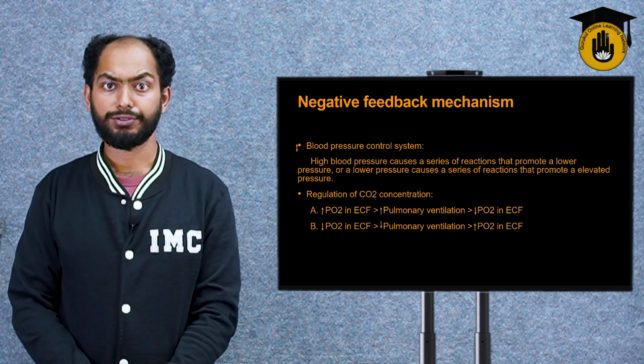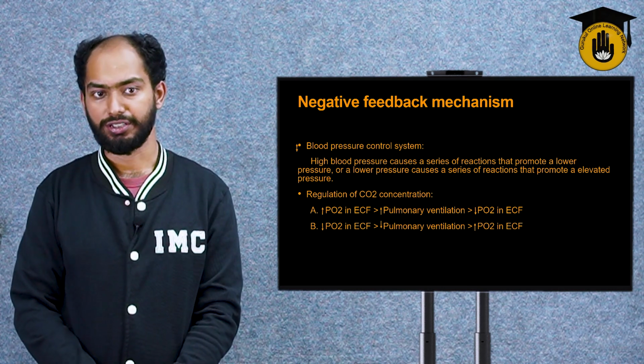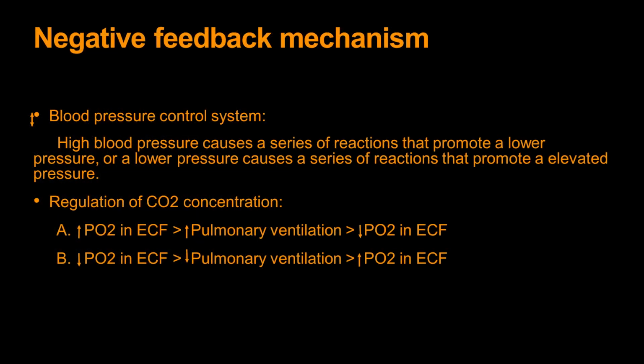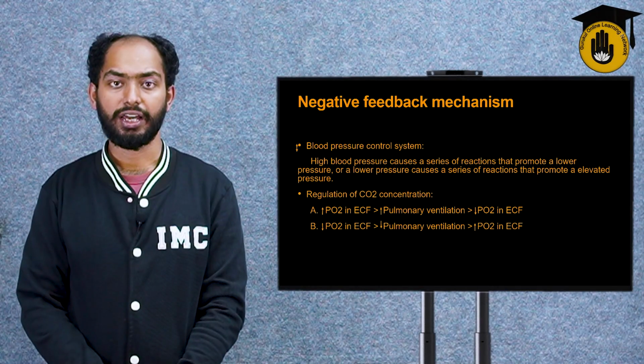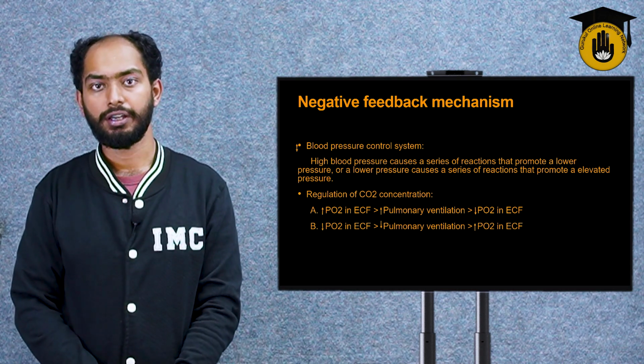And we were also talking about the regulation of carbon dioxide concentration in our body. As the carbon dioxide concentration in our extracellular fluid goes up, pulmonary ventilation increases. What is pulmonary ventilation? As we respire, that is known as pulmonary ventilation, and it will occur more.